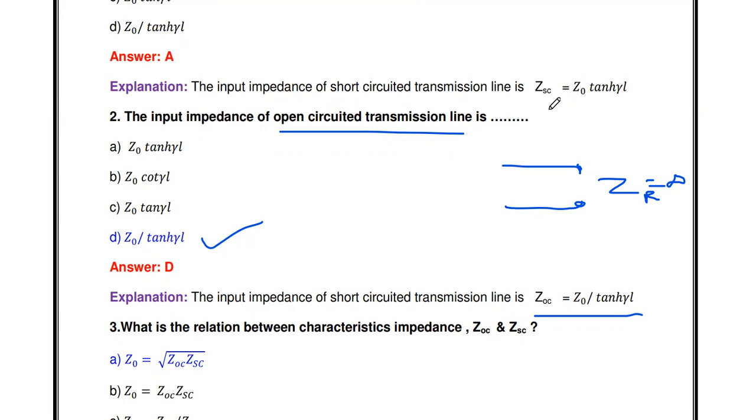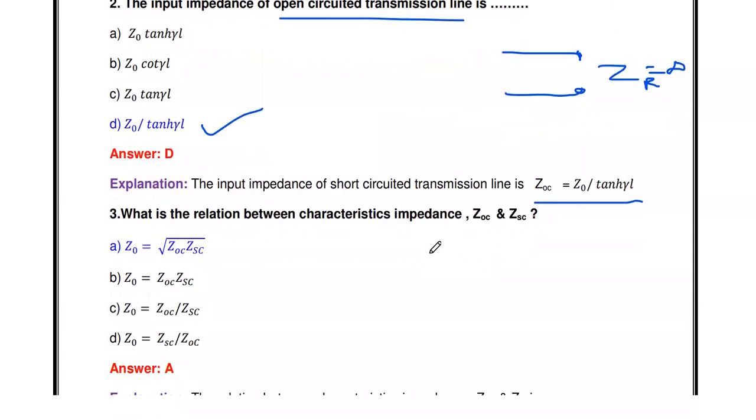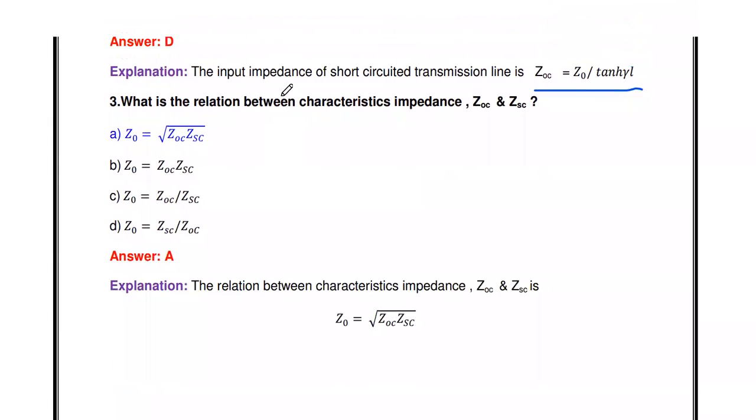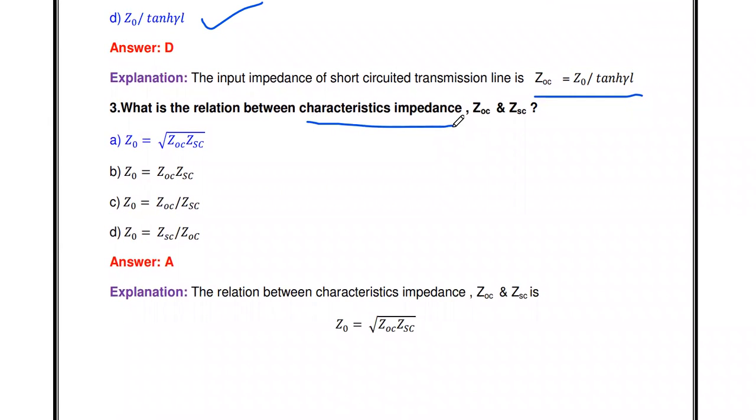So these are all important questions. The short circuited impedance is Z naught tanh eta L. The open circuited impedance is Z naught by tanh eta L, where Z naught is the characteristic impedance and eta is the propagation constant. Then the next one: what is the relation between the characteristic impedance Z0, ZOC and ZSC?